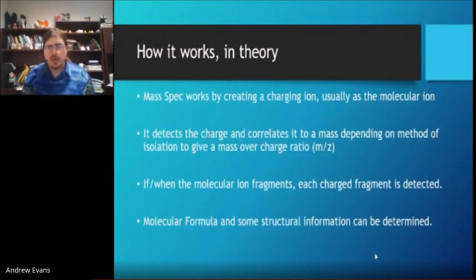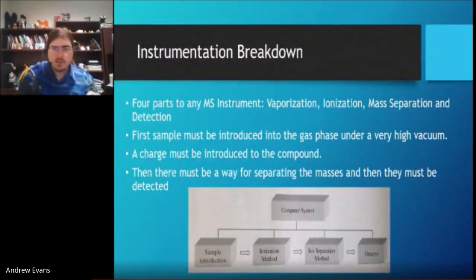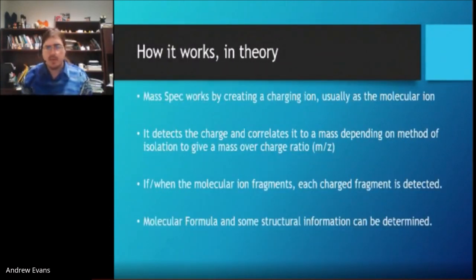We're going to charge this ion. It's going to fly through this near vacuum situation, and it's going to reach a detector that is going to determine its mass. Now, how is it going to actually determine this mass? This mass is going to be determined by various means of separation. And from there, we can find out the molecular formula.